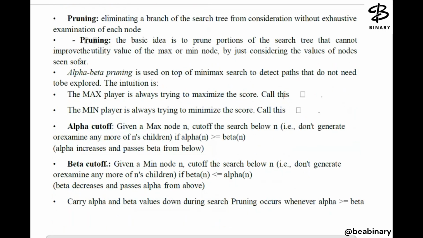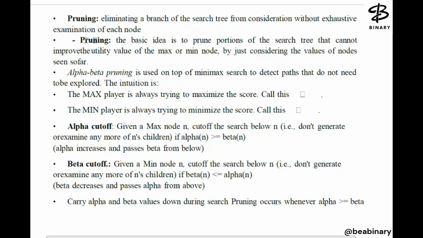So for an alpha cutoff or a beta cutoff, given a max node, we cut off the search below and do not generate any more children if alpha of a particular node is greater than or equal to beta, or alpha increases and passes beta from below.